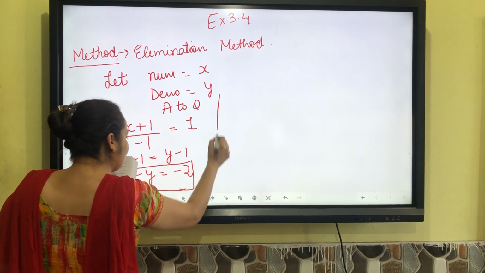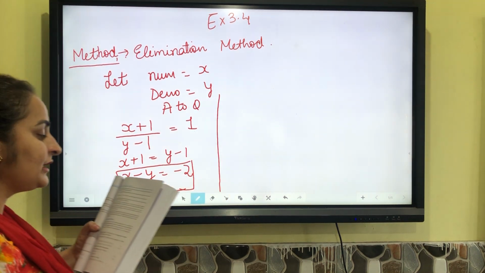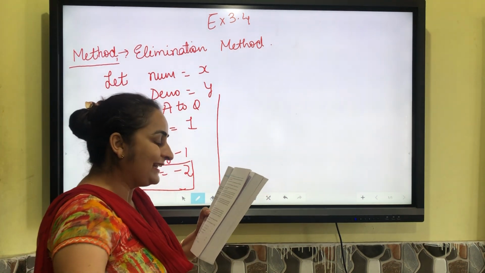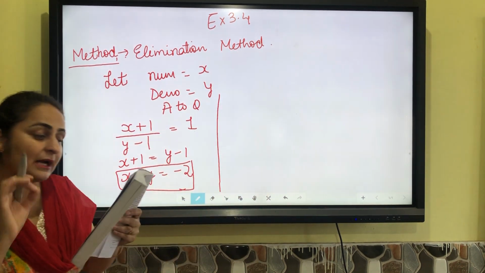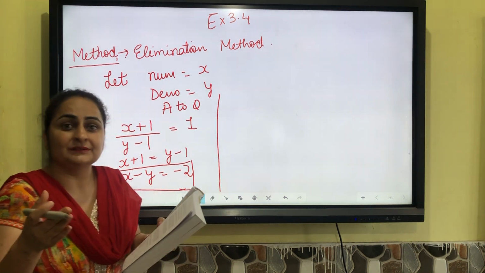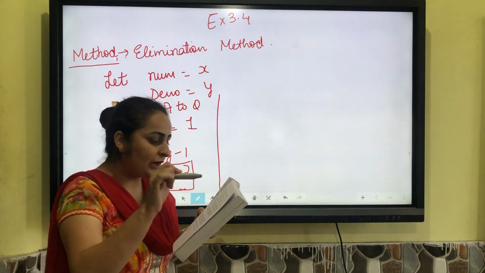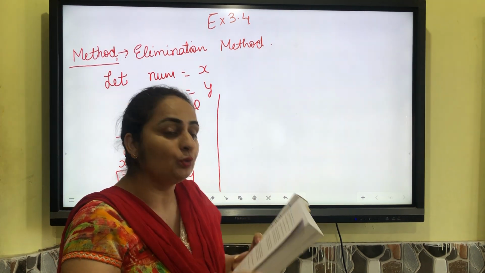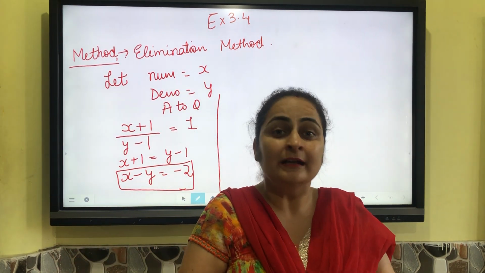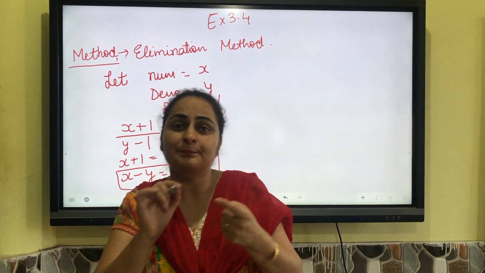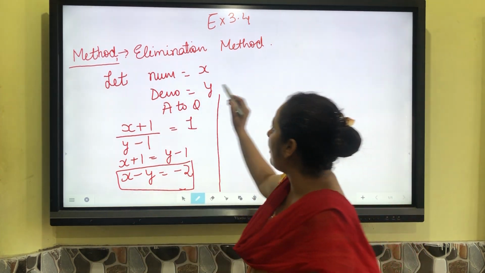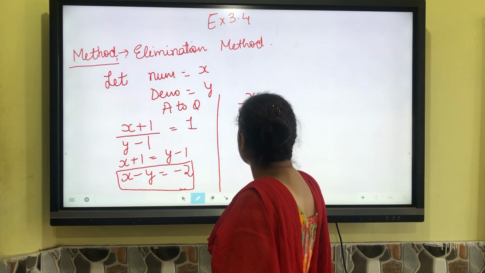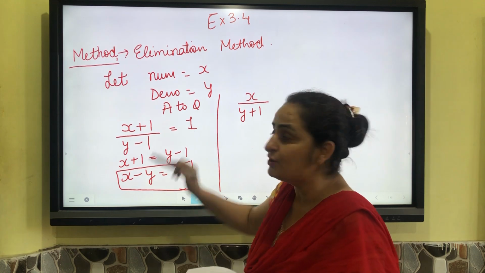And for the second equation, the condition is given in the next step, after the full stop. What is the next condition? It becomes 1 upon 2. What becomes? The fraction becomes 1 upon 2 when we add only 1 to the denominator. There is no need to add or subtract in the numerator. Only 1 is added in the denominator and there is no change in the numerator.